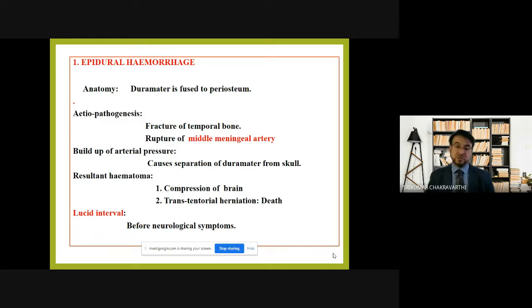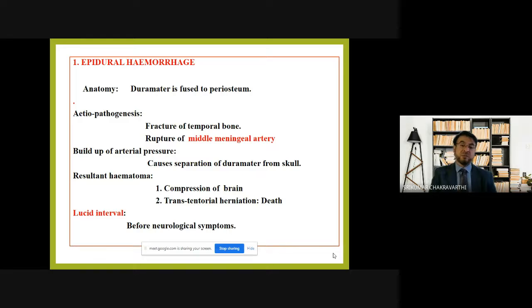You rarely tend to fall forward, because when you fall forward, your arms protect you, which is why a person who falls forward has a greater tendency to have a fracture of the wrist, Colles fracture, rather than the skull. But when you fall sideways or backwards, there is a fracture of the temporal bone. And the artery that runs along there is the middle meningeal artery.